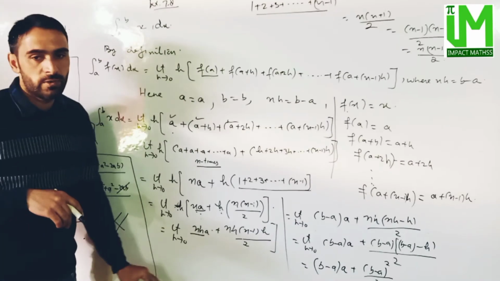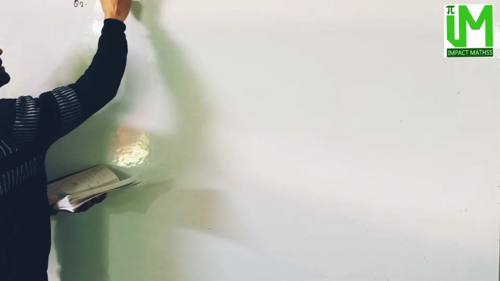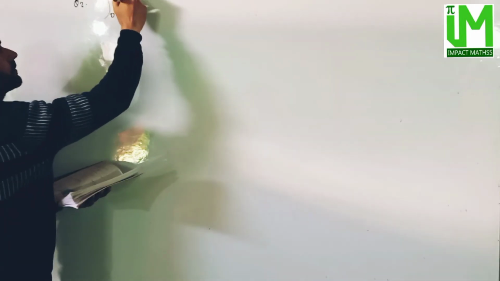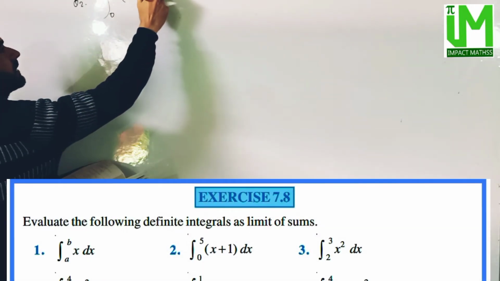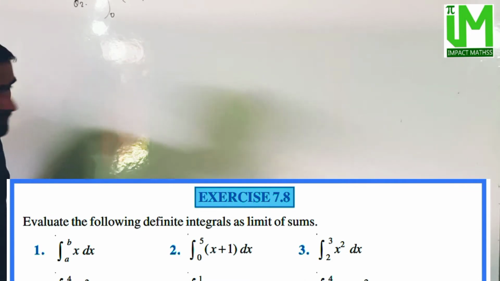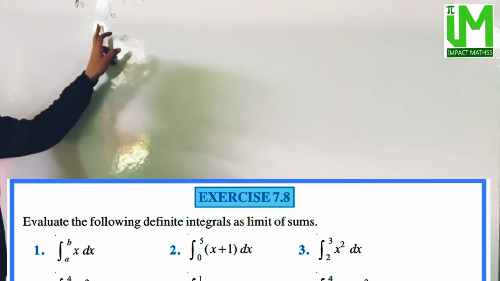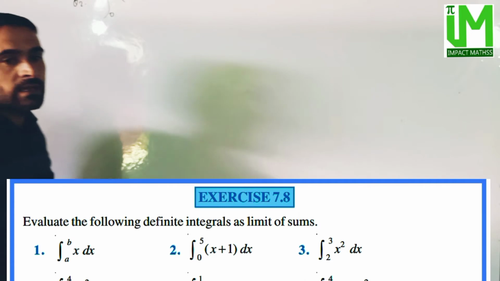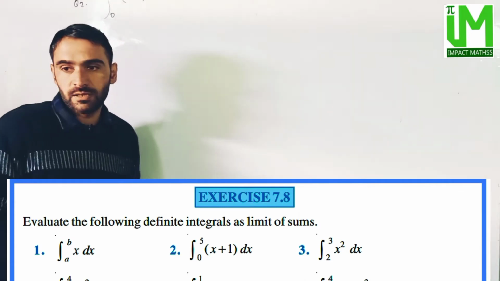Number 2 is integral of 0 to 5 of x plus 1 dx. ठीक है, so we have to find the integral of 0 to 5 of x plus 1 dx by evaluating it as limit of sum.